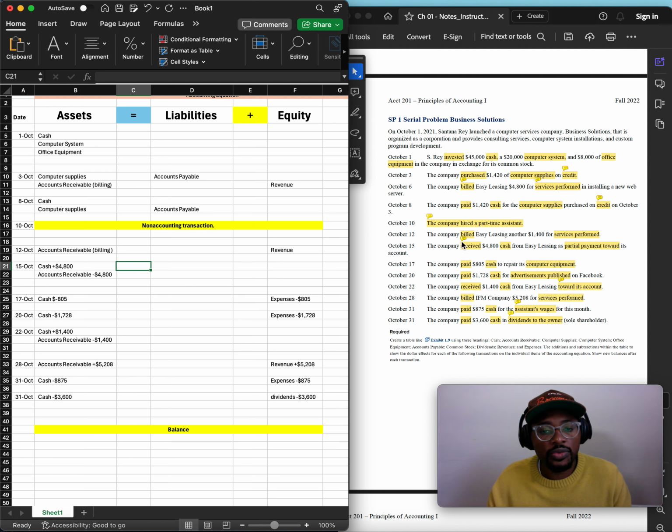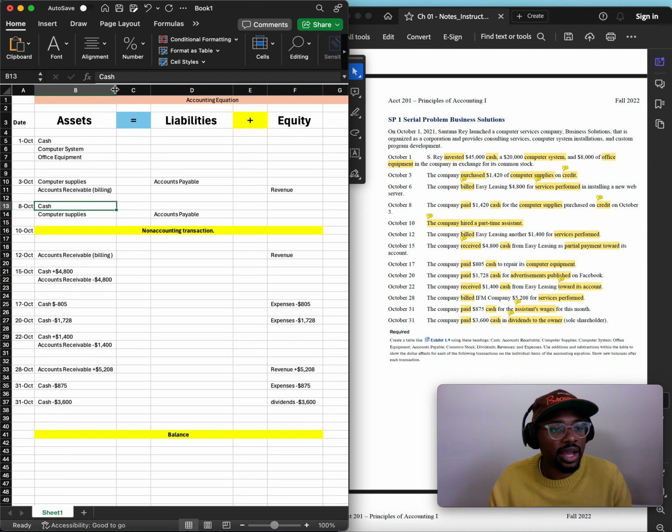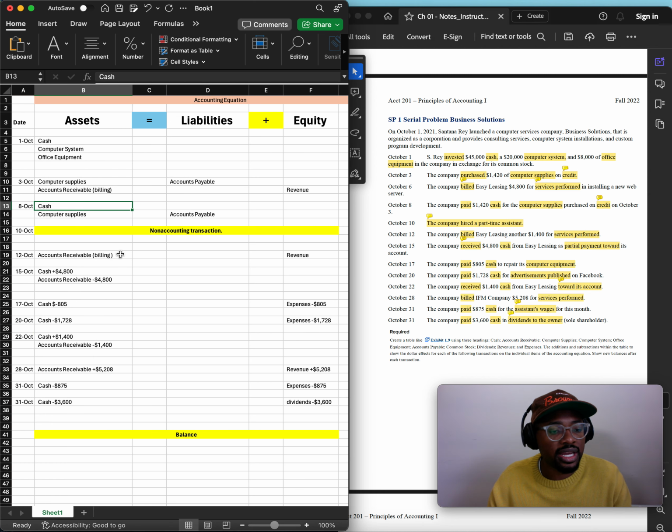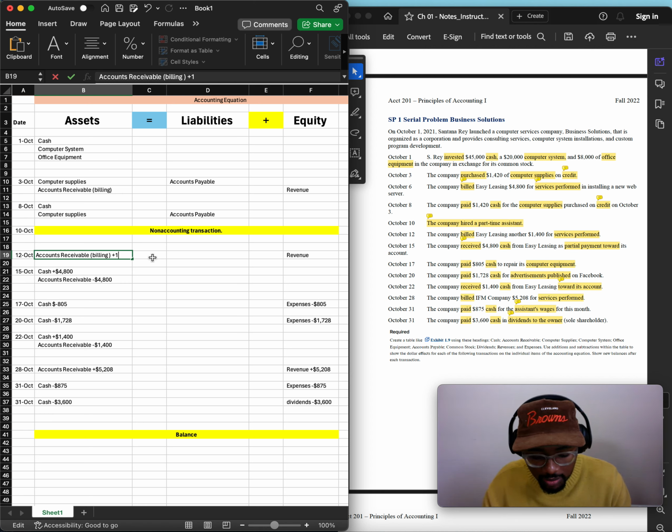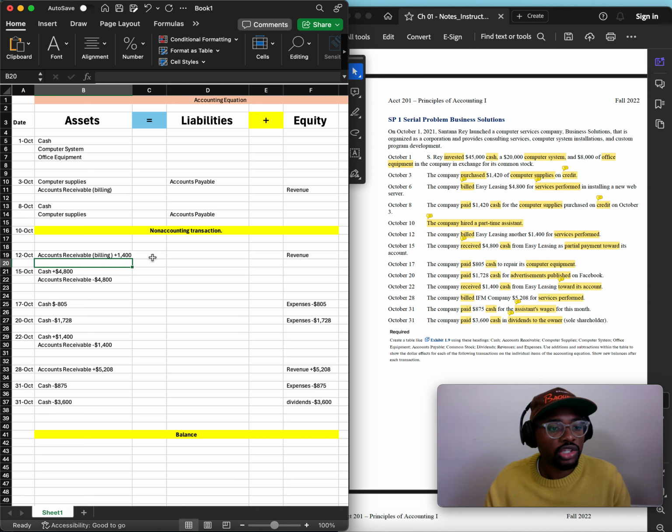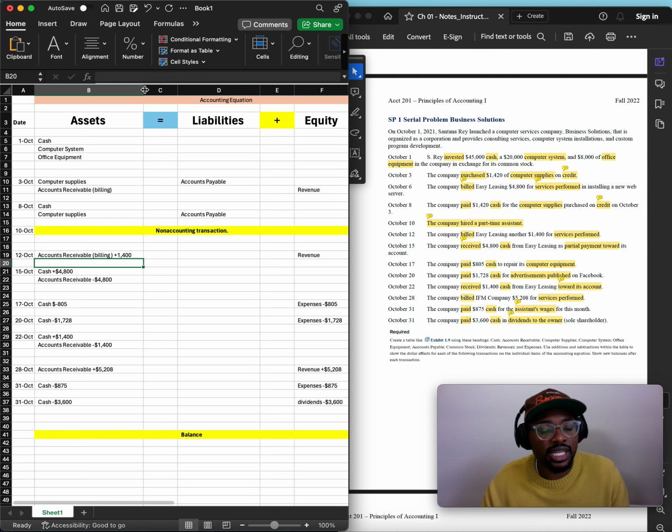Let's do October 12th. The company billed Easy Leasing another 1,400 for services performed. So we billed, right? So again, our expectation is that we're going to receive the money later down the road. So we're going to come here and put a positive 1,400. So we're increasing our expectation that they're going to pay us later down the road.